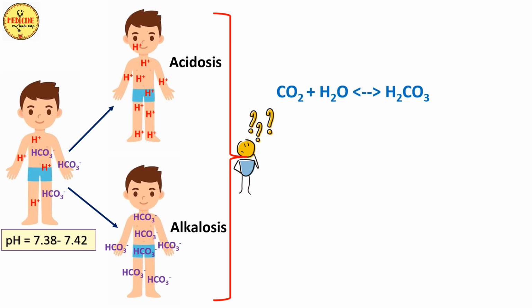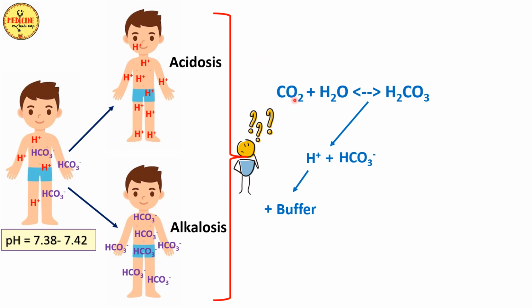That would be carbon dioxide plus water resulting in carbonic acid, or H2CO3, which is unstable and dissociates to hydrogen and bicarbonate ions, and the hydrogen ions will bind to a buffer and then get excreted depending on the body's need. So you can see when you have a lot of carbon dioxide, you will have a lot of carbonic acid leading to a condition of acidosis.